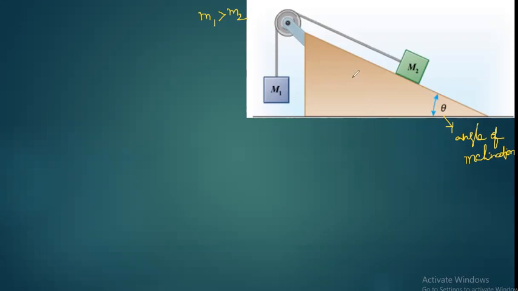M1 is greater than M2. It is heavy, so it is going down, and M2 is slowly coming up, right? Very good. So now a pulley is attached by means of two masses M1 and M2.